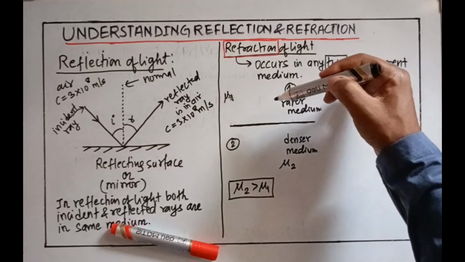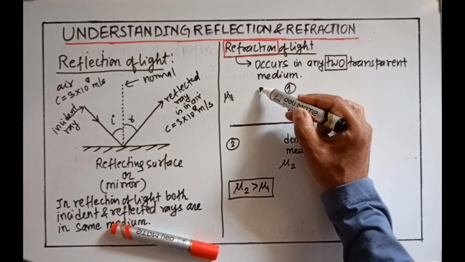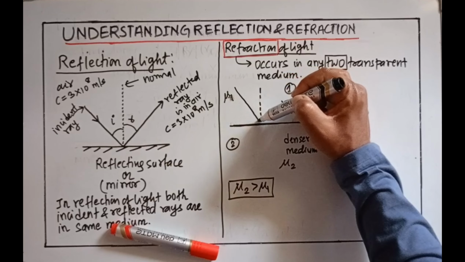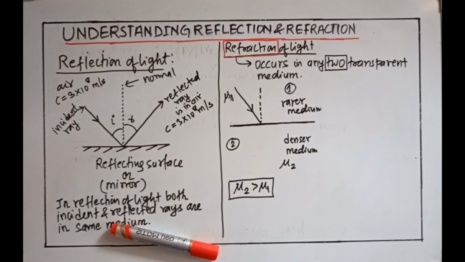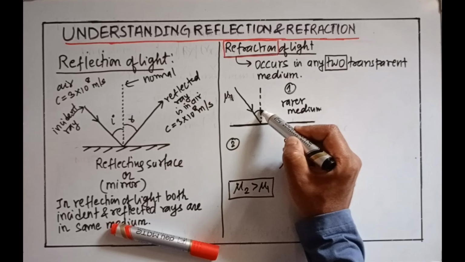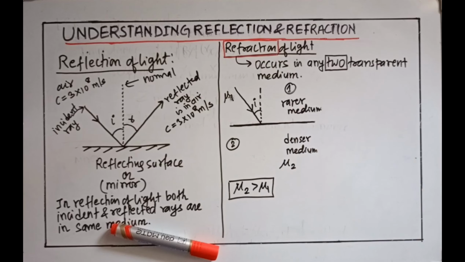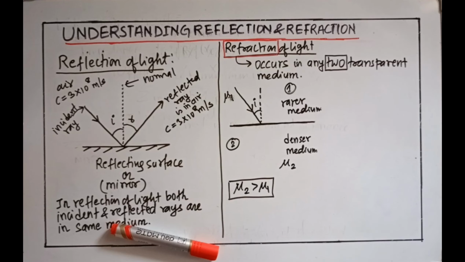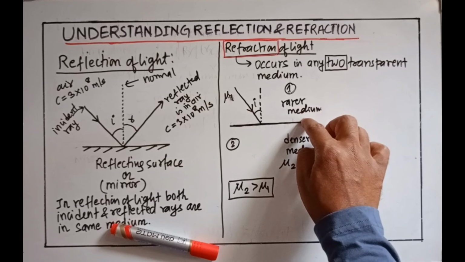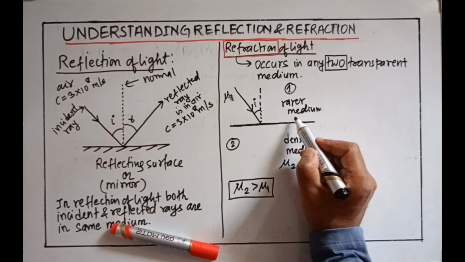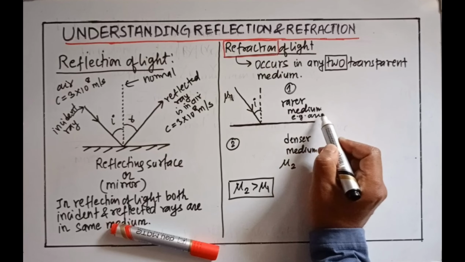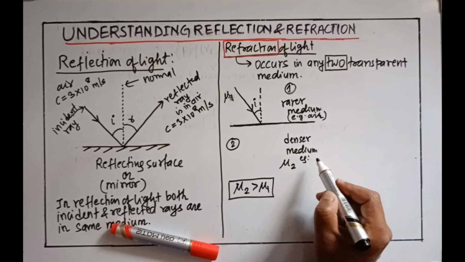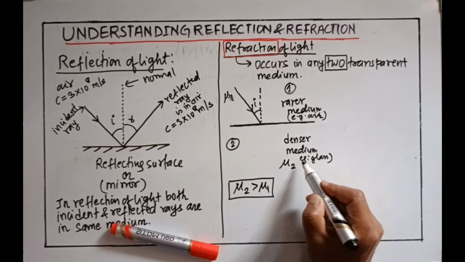Now this is the normal to the surface, and this is the incident ray, and this is the angle of incidence. The incident ray is in the rarer medium, for example, we can take this as air, and we can take the denser medium, for example, as glass.